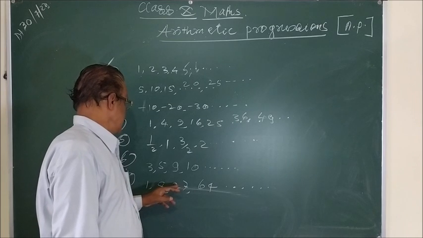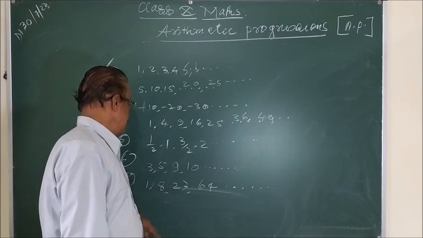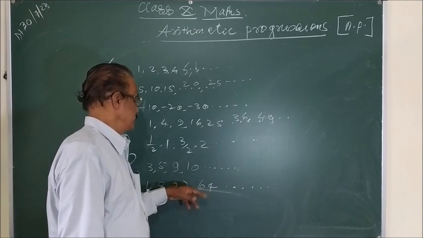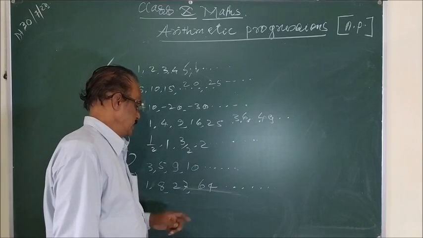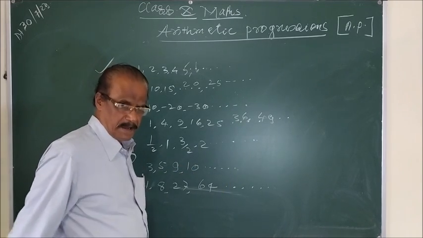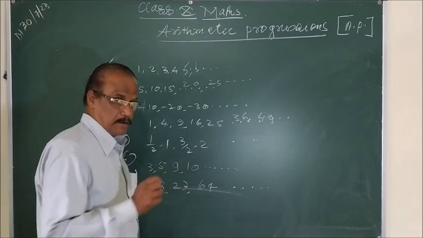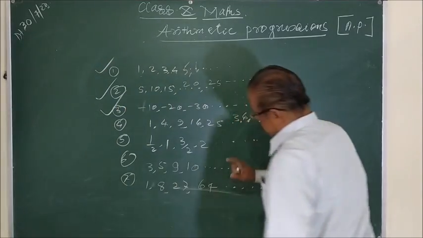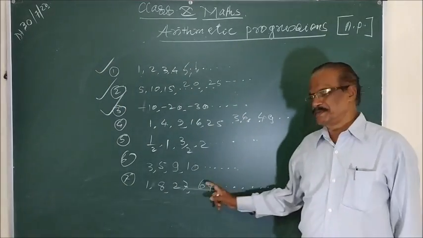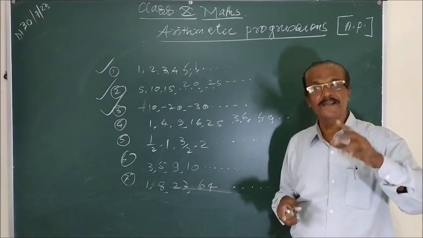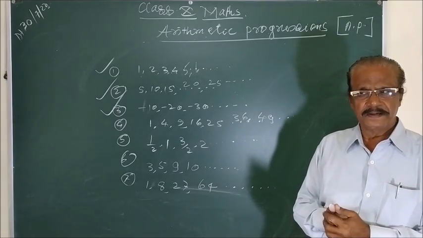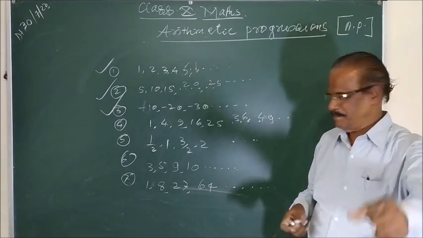And the last one, 1, 8, 27, 64, dash. If I ask you, what will be the next number? So, if you observe very carefully, these are the cubes of all the natural numbers starting from 1.